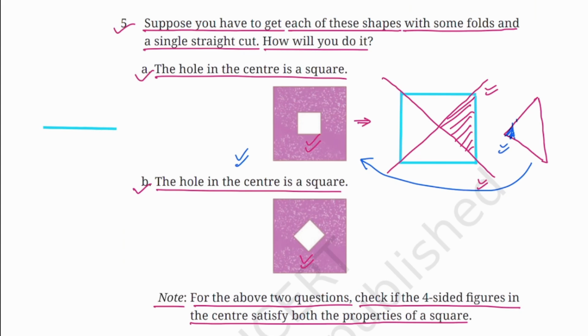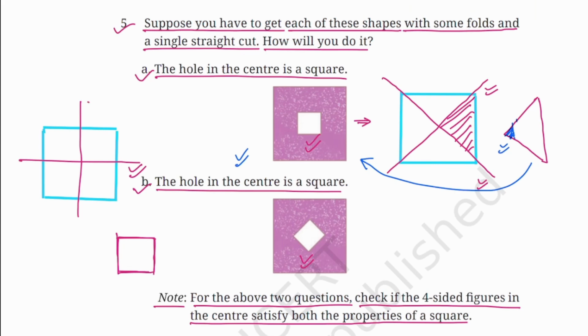And for the second question, you have to take a square paper like this. Then you have to fold it along its side, that is in vertical and then in horizontal direction, such that you get a quarter piece of paper like this, having two folds. One fold along this line and the other fold along this line.